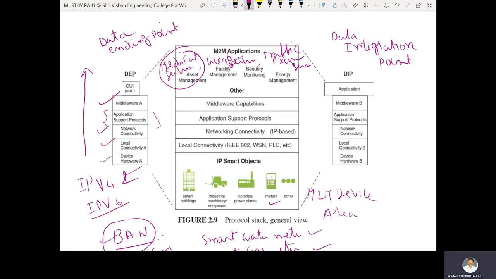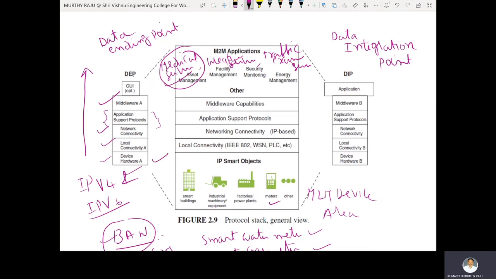Any doctor who is interested can gather the information from the medical server. That is the M2M application. Middleware acts as an agent between service providers, devices, and service consumers. It is a software layer that fits in between the application and objects. This is the application layer and this one is the object layer.